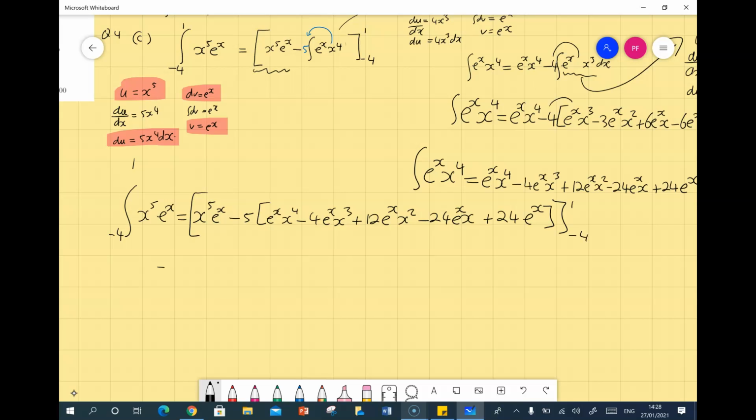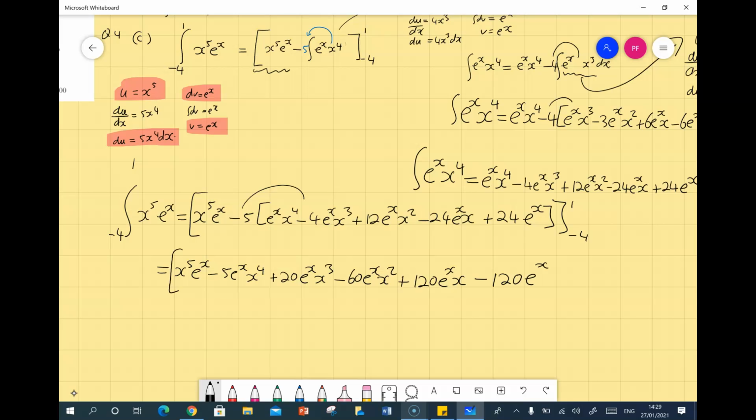We get x to the power of 5 e to the power of x, minus 5e to the power of x times x to the power of 4, plus, since minus 5 by minus 4 is plus 20, 20e to the power of x times x cubed, minus 60e to the power of x times x squared, plus 120e to the power of x times x, and again minus 120e to the power of x.